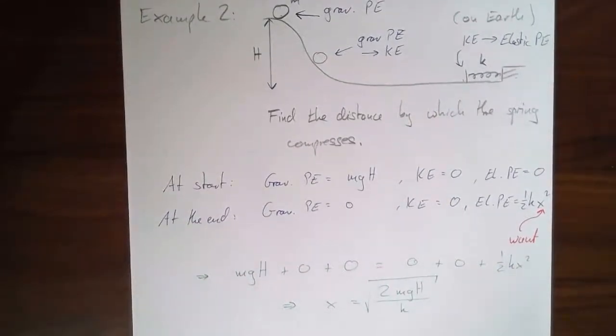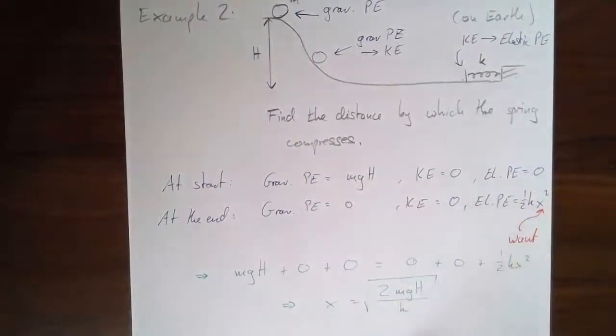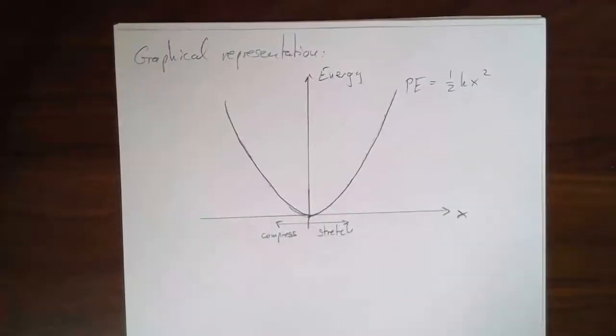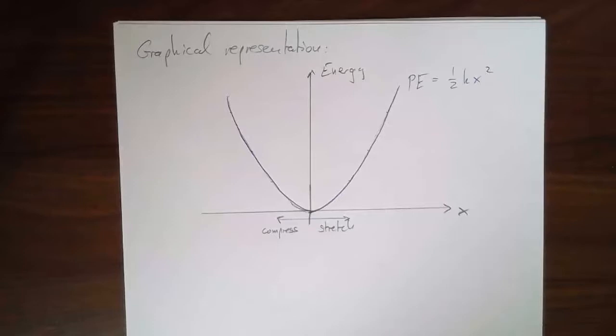In this case, it also included a different type of potential energy, namely gravitational potential energy on a planet. But that is something you're probably more familiar with than any other type of potential energy you might have met in the past.